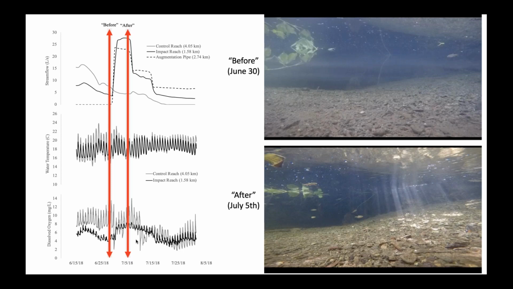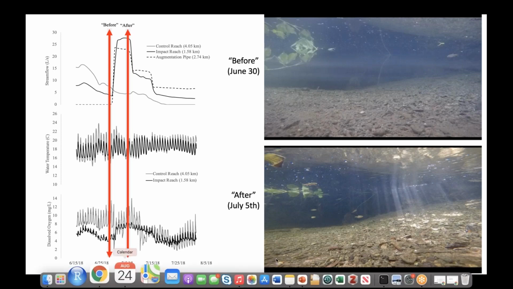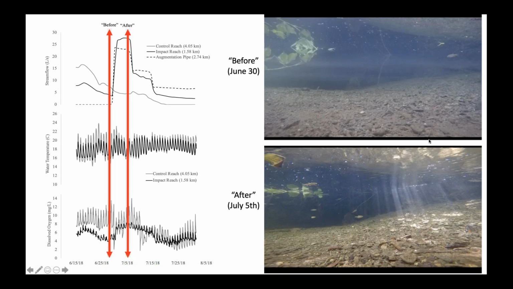Prior to this augmentation, oxygen had dropped below 4 milligrams per liter, which is entering a significantly stressful range for juvenile salmonids, and it increased quite a bit after that. So I'm going to play those videos so you can get a sense just visually of what the change in the stream was.